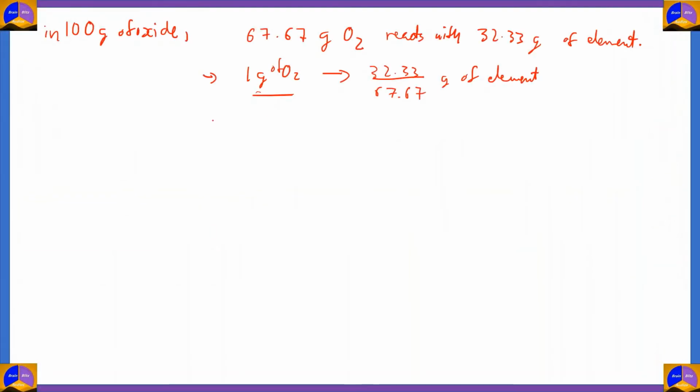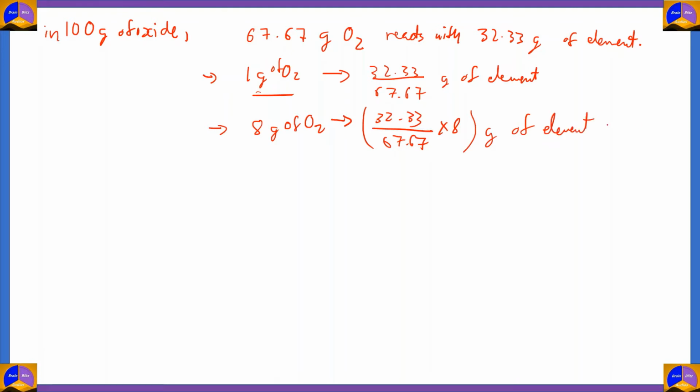So here we have to multiply that by 8. So 8 grams of O2 reacts with 32.33 divided by 67.67 into 8 grams of the element. That is the equivalent weight.